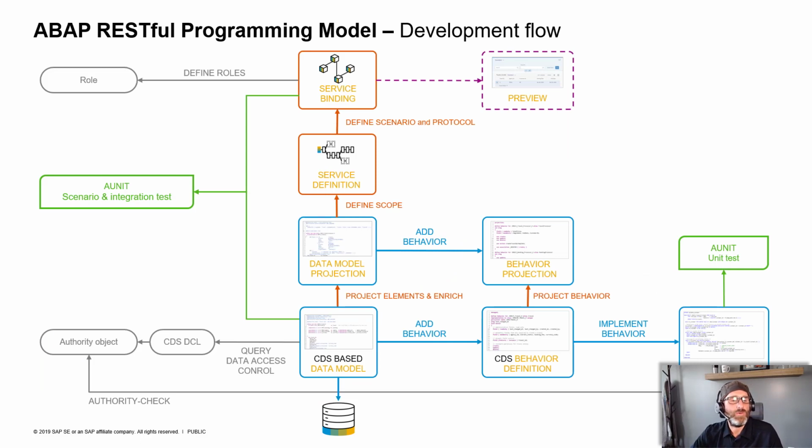So adding on top of our development flow, we have our data model projection or our consumption views at the next layer above our monolithic layer. So again, this projection layer or consumption layer is where we are further filtering our monolithic layer or business object layer for our specific needs.